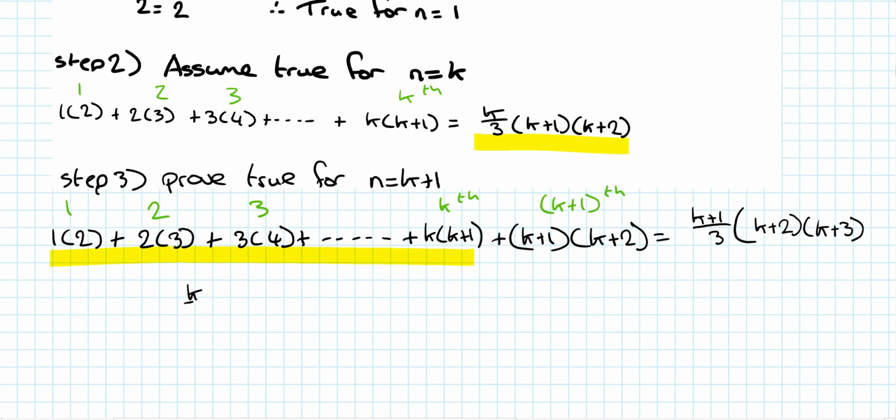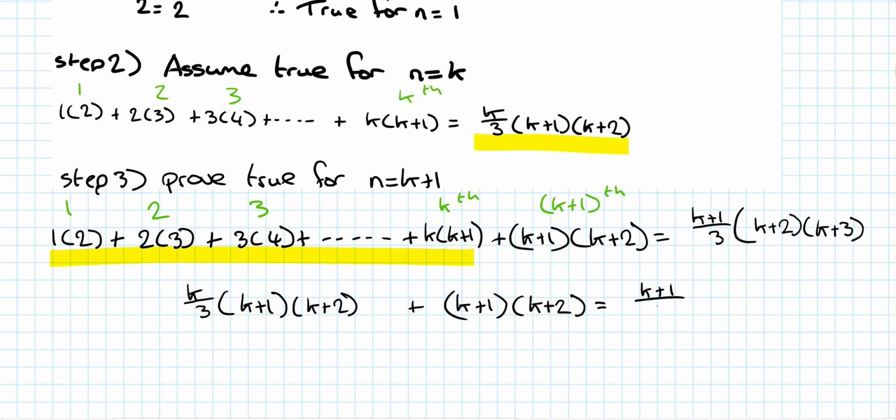So I have k over 3, k plus 1, k plus 2, plus k plus 1, k plus 2 is equal to k plus 1 over 3. And now I'm starting to think, what do I not like?